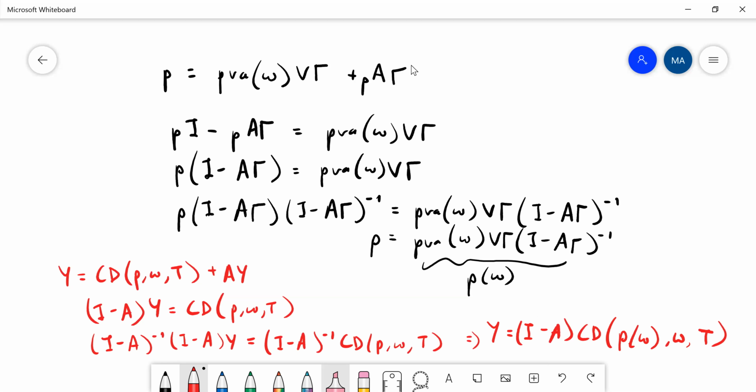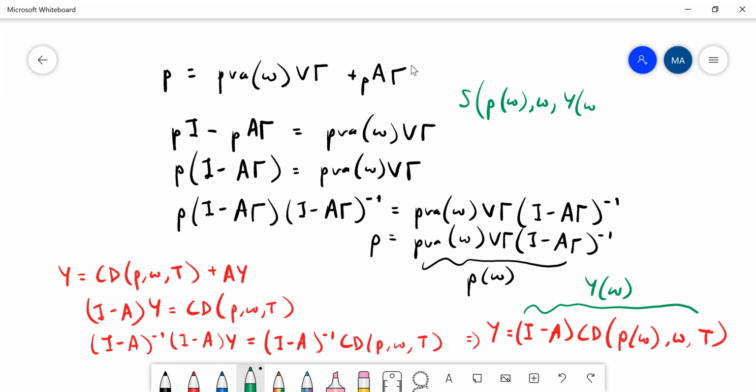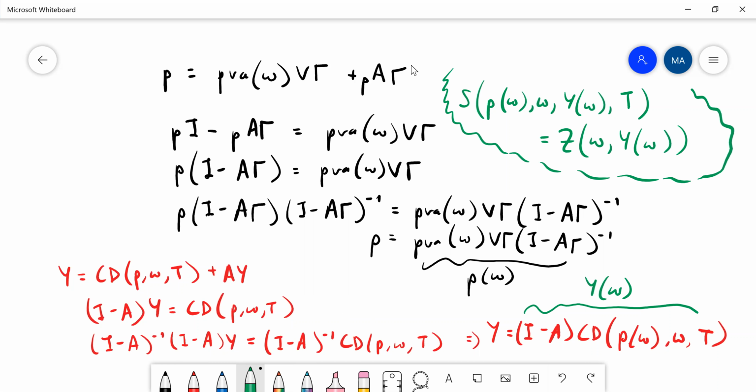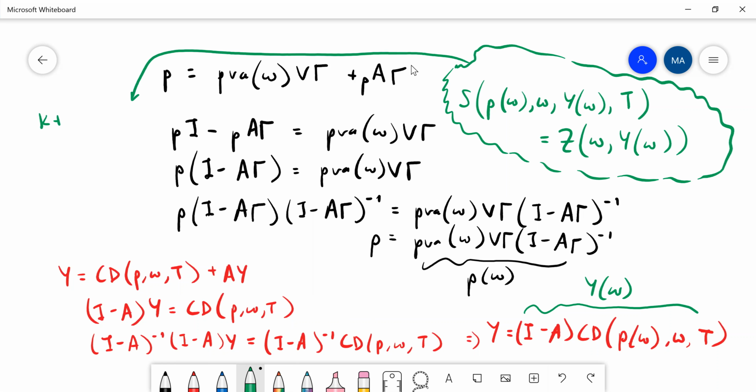Okay, then you have S P omega, omega. So this is now Y omega, right? Then you also have T, and this must be equal to Z omega and Y omega. Okay, so this is now an equation system with K plus 1.